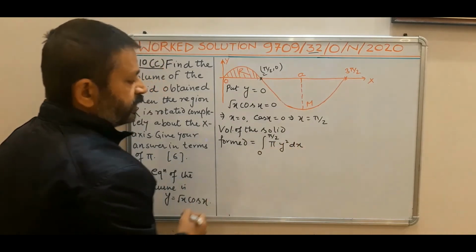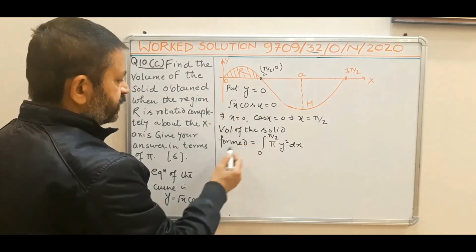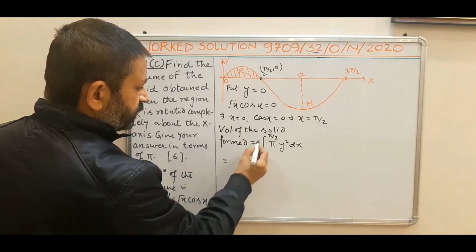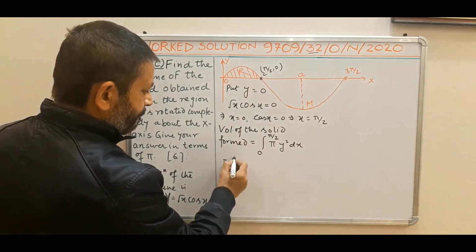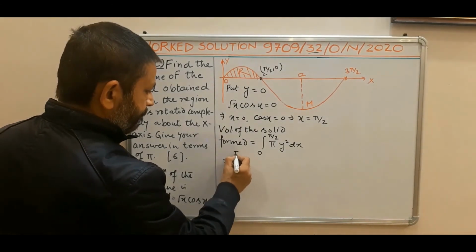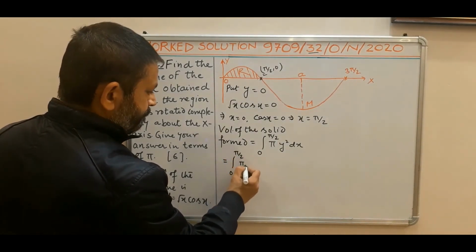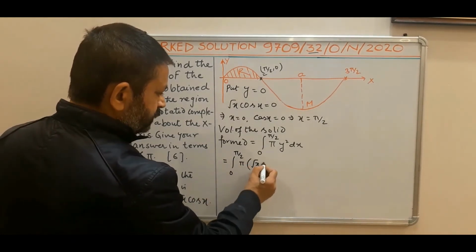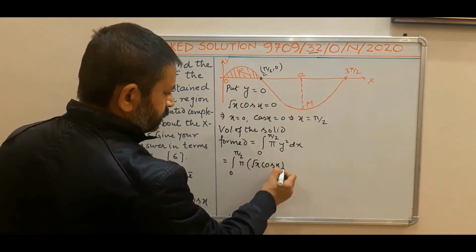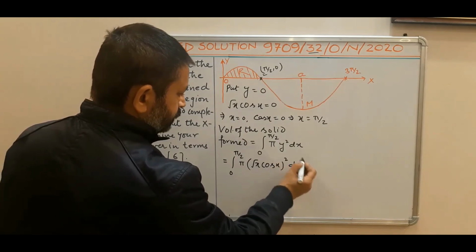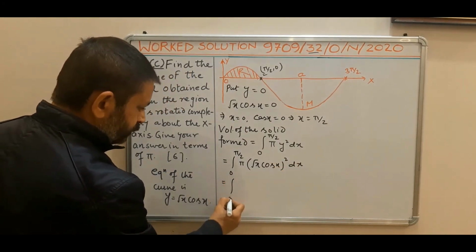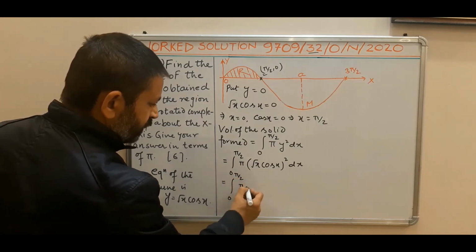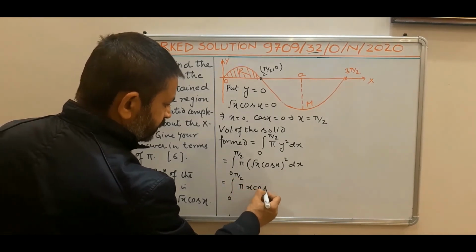This is the formula to find the volume generated by this solid. So y is under root x cos x. It will become x into cos square x.